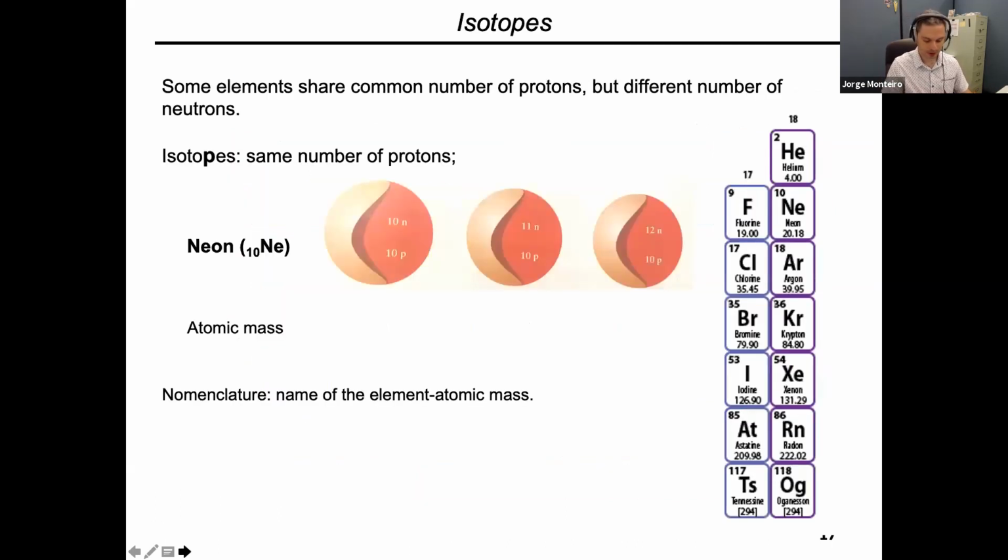Very good. Let's talk about isotopes. Some elements share a common number of protons, but a different number of neutrons.